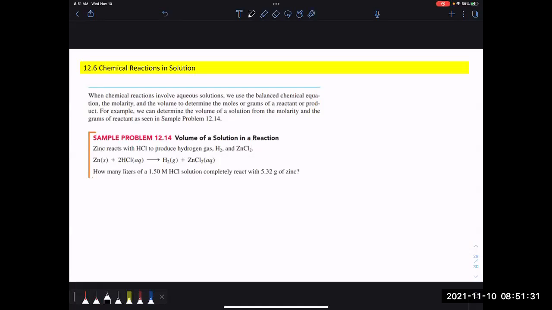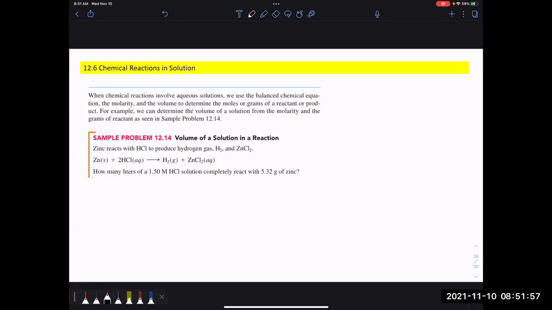When chemical reactions involve aqueous solutions, we use the balanced chemical equation, the molarity, and the volume to determine the moles or grams of a reactant or product. For example, we can determine the volume of solution from the molarity and the grams of reactant as seen in this problem.